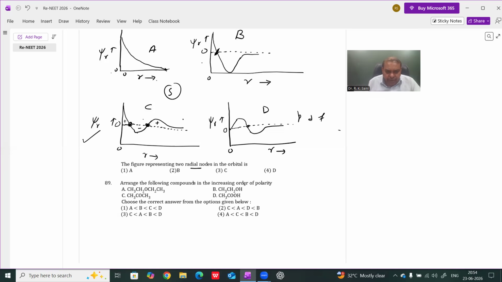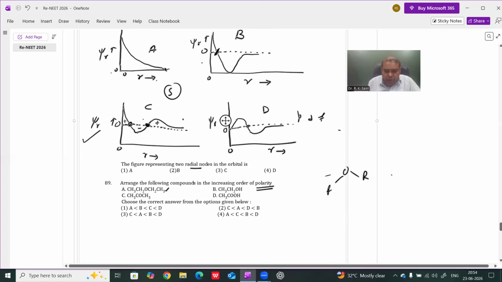Question 89. Which of the following is in order of polarity? Polarity of a molecule depends upon polar groups, the dipole moment, as well as groups that make hydrogen bonding. In the case of ether, only a polar group is there, with no H bond formation tendency with other compounds, so it is slightly polar.